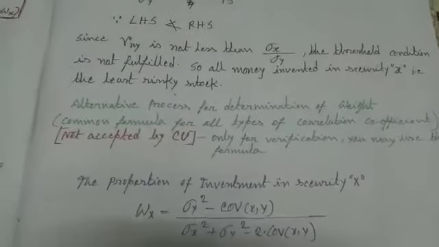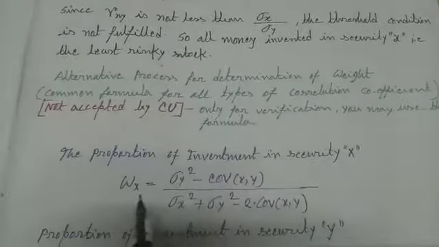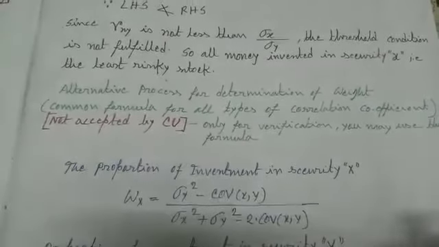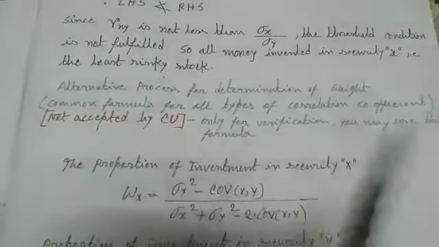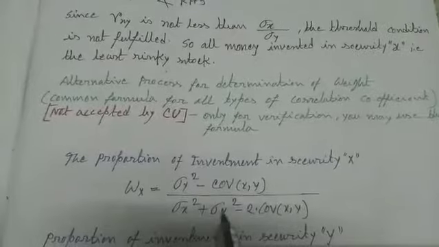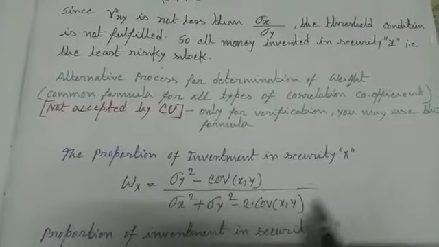Now, what is the formula? Here is the common formula for determination of the weight of security X, that means this formula is to be used for all types of Rxy. Here the weight of security X is to be measured by applying the formula: sigma y square minus cov xy, divided by sigma x square plus sigma y square minus 2 cov xy.